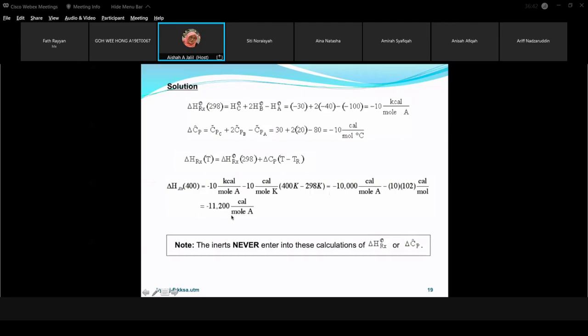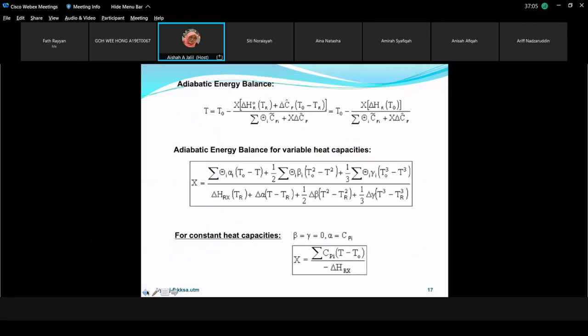Note that the inerts never enter into this calculation of delta HRX and also delta CP. Inert is not included. This is the data that you have to calculate when you want to solve any question for the X or for the T. Here and here, just these two.